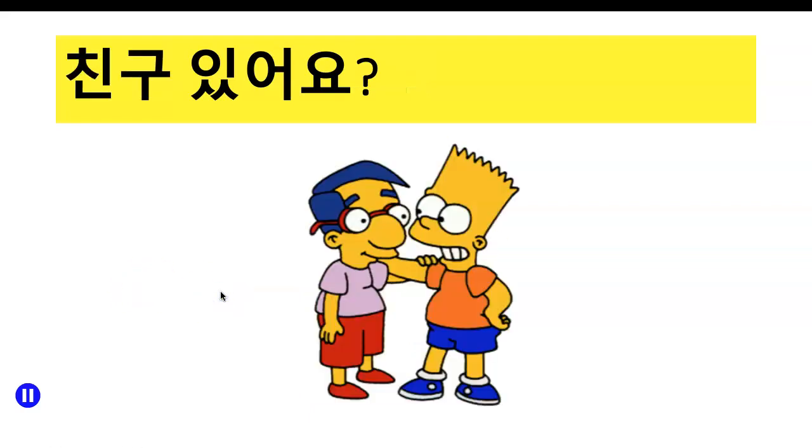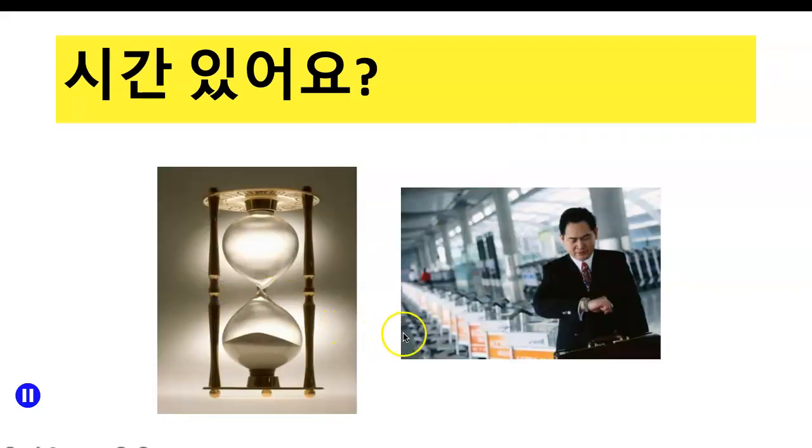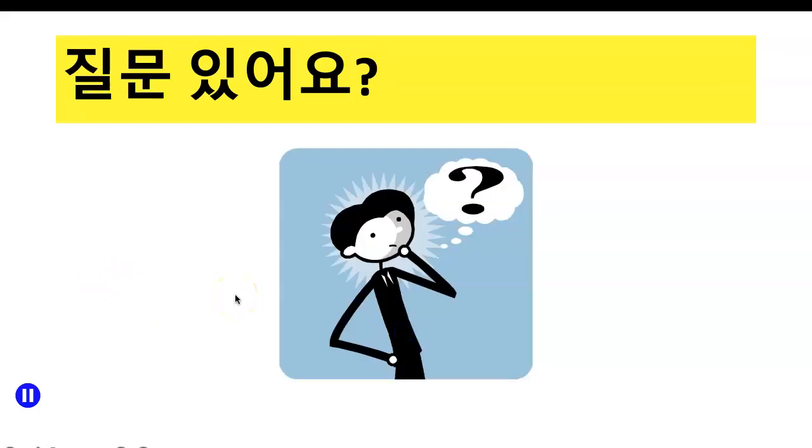Do you have friends? 친구가 있어요? 시험 있어요? Do you have any exam? 오늘 시험 있어요? Do you have any exam today? 시간 있어요? Do you have time? Or 오늘 시간 있어요? Do you have time today? 질문 있어요? Do you have any questions?